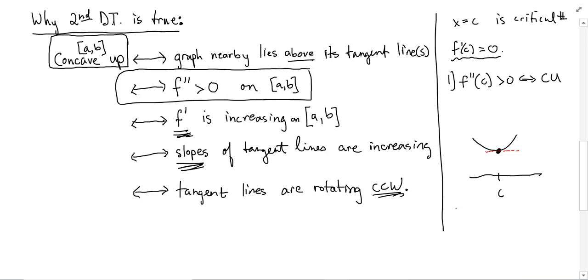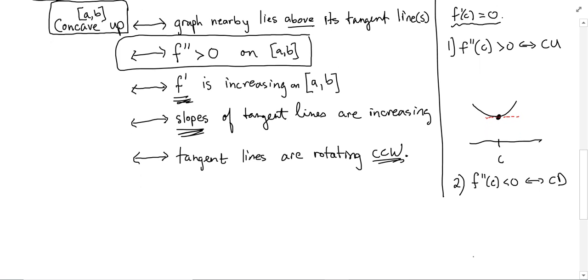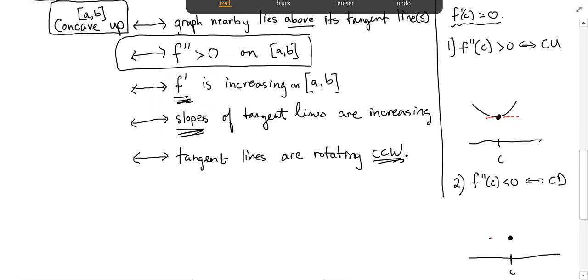On the other hand, in case 2, we're still at a critical number, so the derivative is still 0, but the second derivative is negative. That corresponds to the graph being concave down. In that case, the analogous picture is this one at critical number c. The graph passes through this point, and the horizontal tangent line is here.